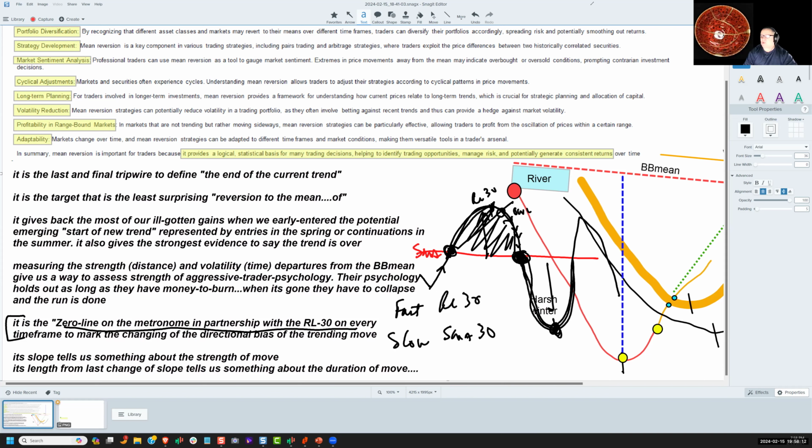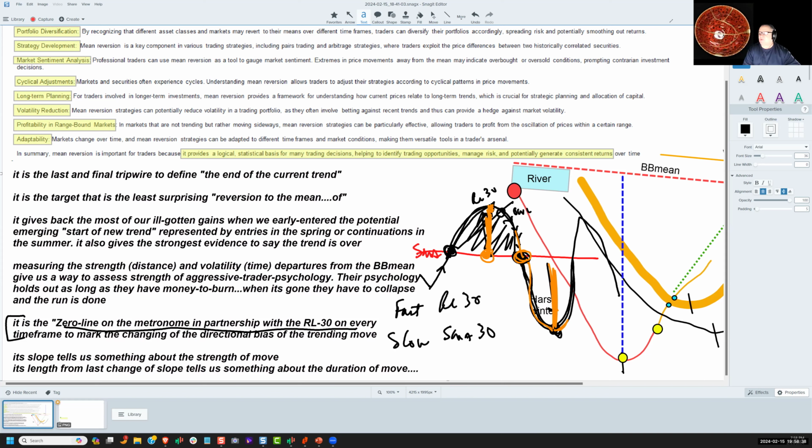And that's one of the reasons we like to measure this distance from the SMA 30 up to the peak. We think that once this thing crosses the SMA 30, we're not allowed to be surprised if it goes all the way that far before it starts to reverse, because you will see asymmetry.